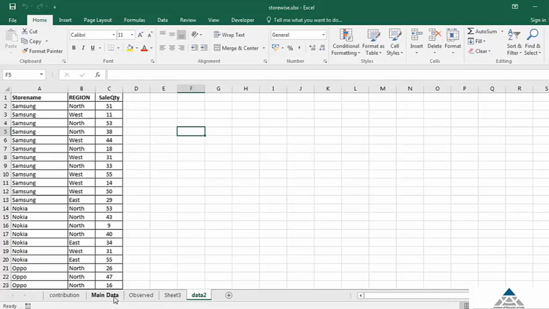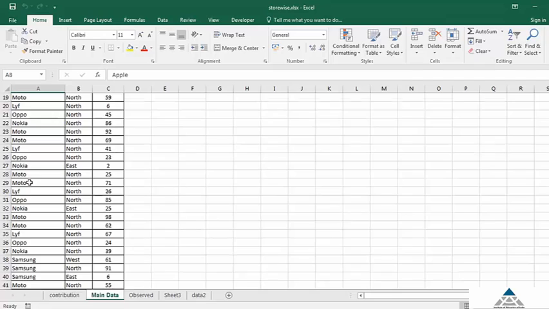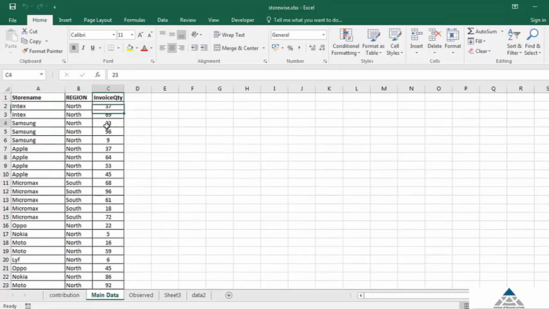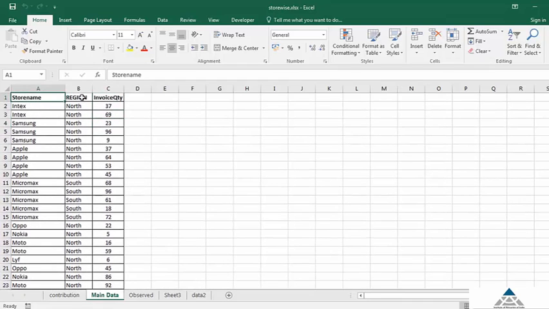Let us take an example to understand the use of chi-square test for goodness of fit. Suppose we have various mobile stores across the country selling mobiles of different brands. We have the data here for the company, store region and the number of mobiles sold.